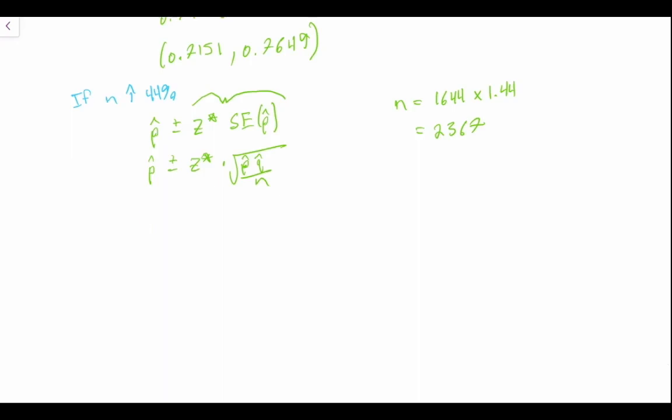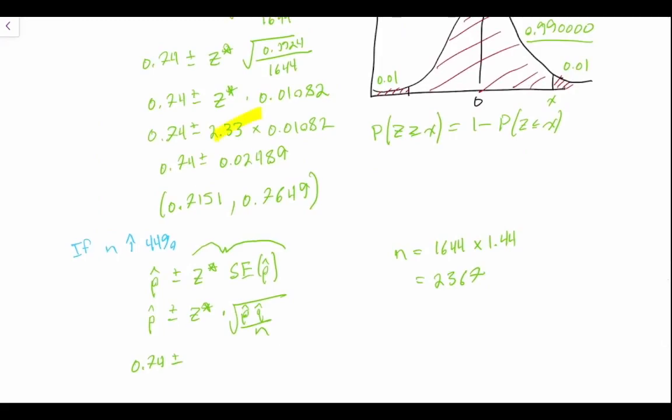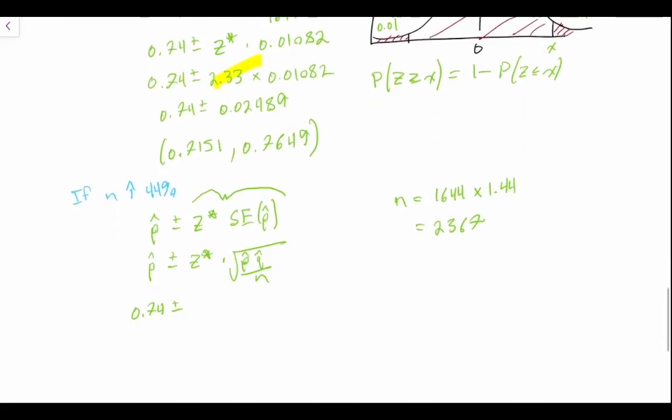So from there, we can adjust our equation. We know that our estimate is 0.74 plus or minus our z-score, which we've calculated up here to be 2.33, times the square root of 0.74 times 0.26 divided by our new sample size, which is 2,367.